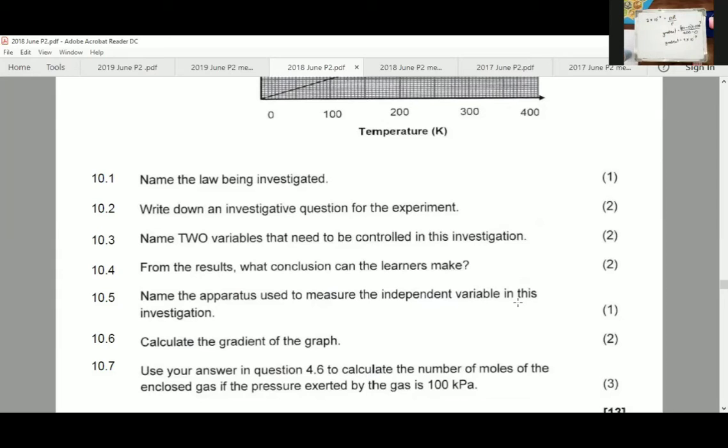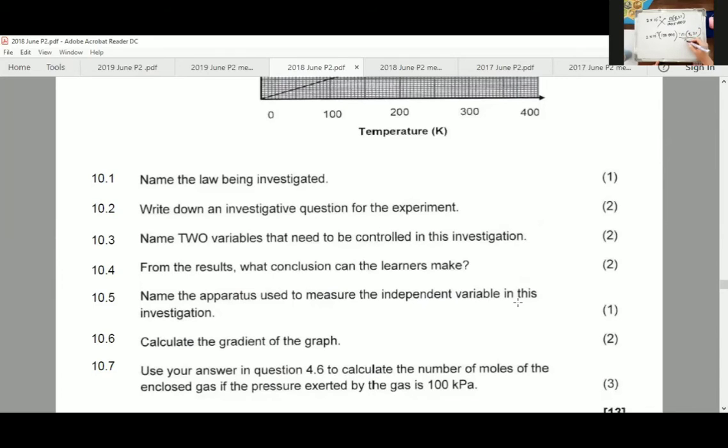So into P's place, you'll substitute that 100 times 1,000, because at the moment it's in kilopascal. Into R's place, you'll substitute 8,31. And then cross multiply. So 2 times 10 to the negative 7 multiplied by 100,000 is equal to n.